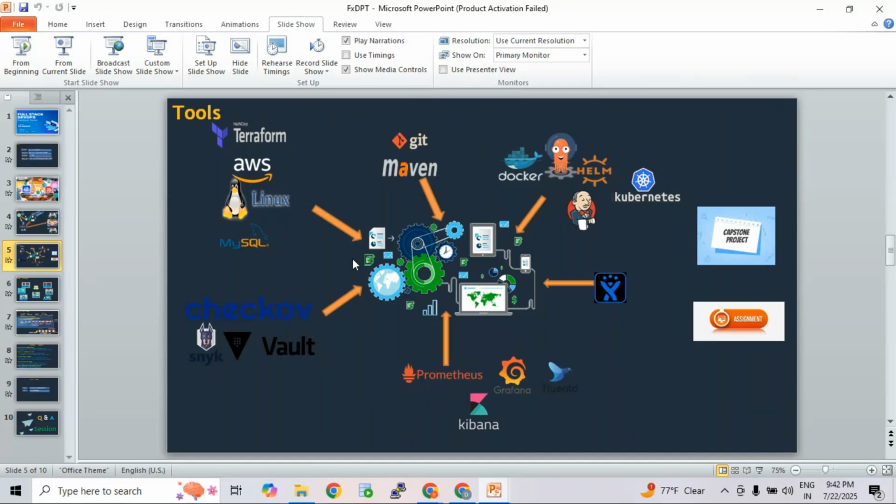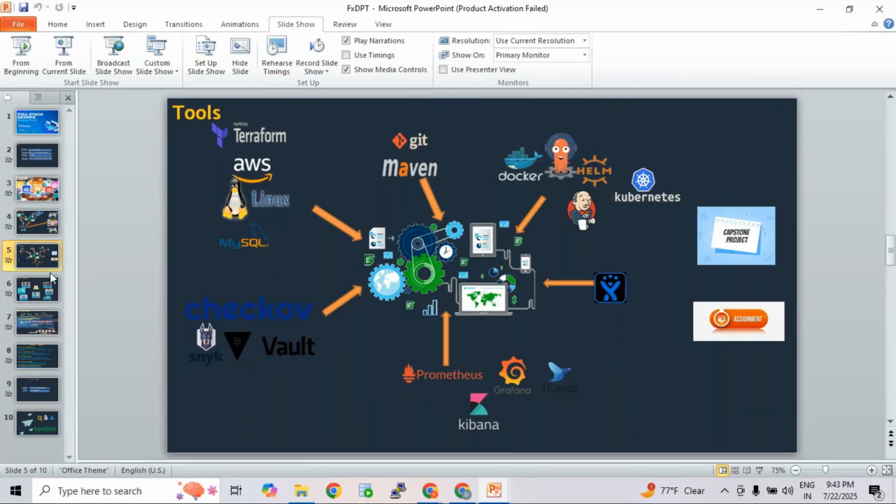That's our initial step. Once that is done, we will be moving ahead with the applications. That's where we will be learning more of the Java builds, the Git repositories and the containerization, and then we will be moving further.